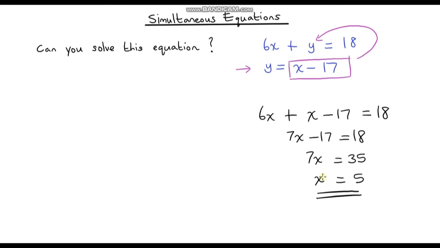So I found my value for x, but we can't just stop there. We need to find the corresponding value for y. And to do that, I can use either one of these equations. It doesn't matter which one I use. So I'll use the bottom one because it looks a bit easier. So now what I'm going to do is I'm going to substitute my value for x back into my second equation.